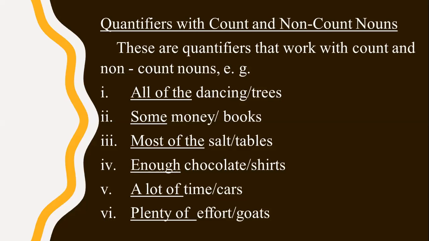Enough chocolates, or enough shirts. A lot of time, a lot of cars, and plenty of effort, plenty of goats. So the underlined expressions are examples of quantifiers that can be used with count and non-countable nouns.